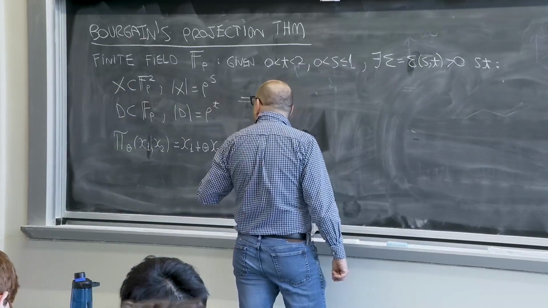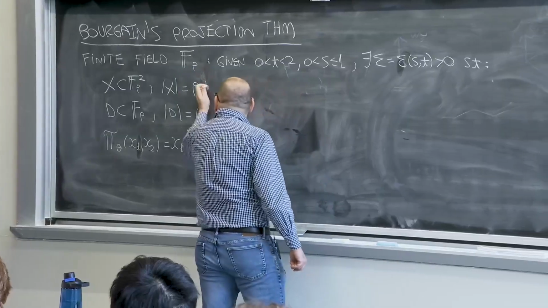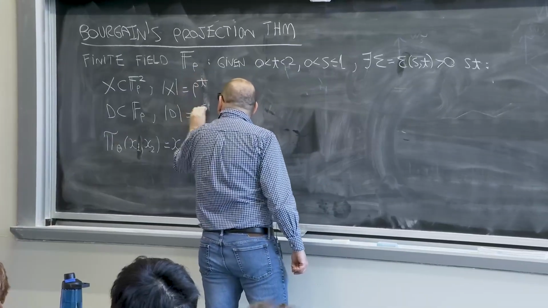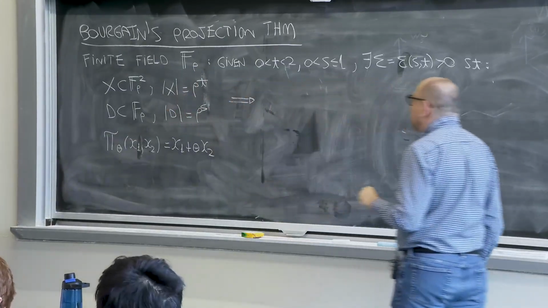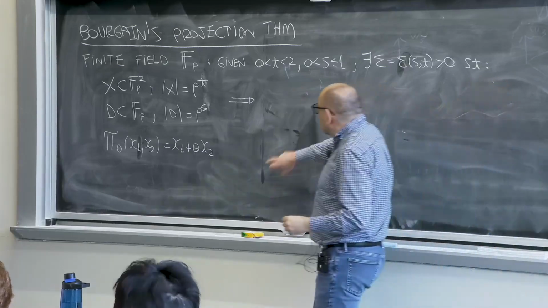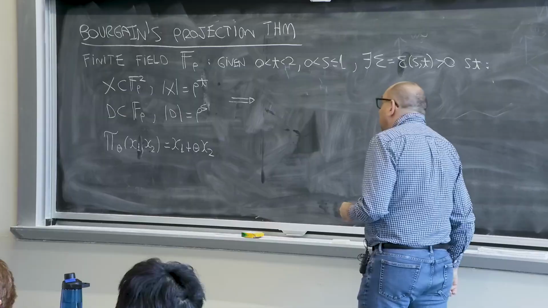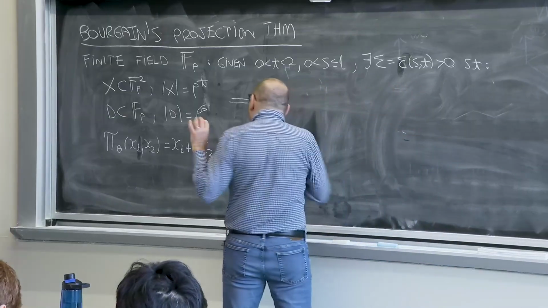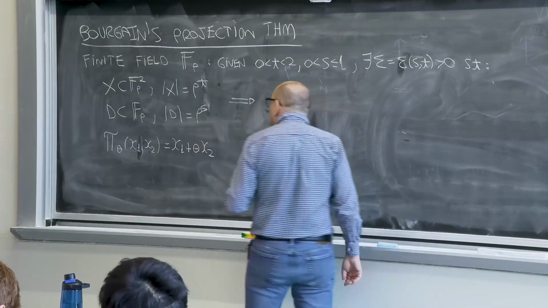We can find, sorry, I messed up the parameters already. So the size of X is between p to the 0 and p squared. And t is between 0 and 2. So this should be t, this should be s. Okay, then there is a large, between quotes, projection.